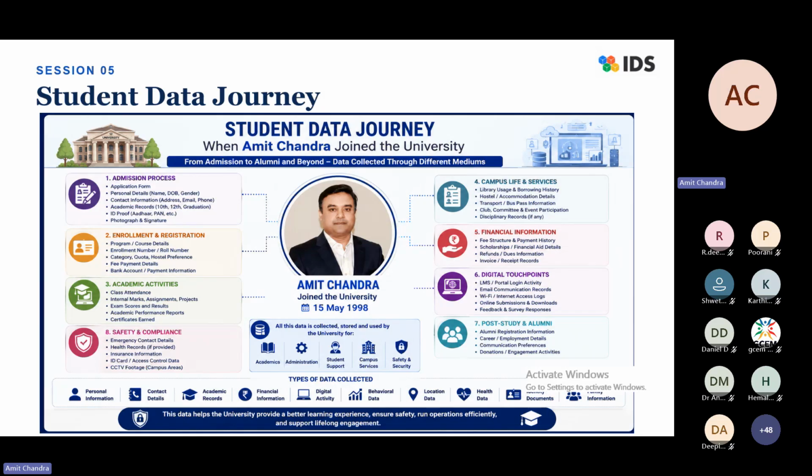This is my personal data and I own that data. So how the data journey of a particular person, whether a student or staff member, should be within the entity, that is what the DPDPA journey is all about.